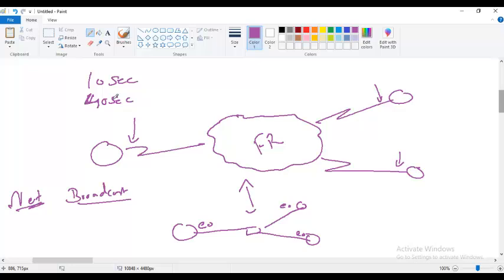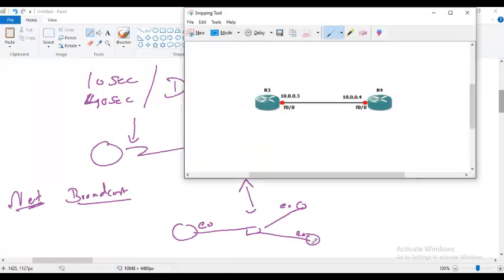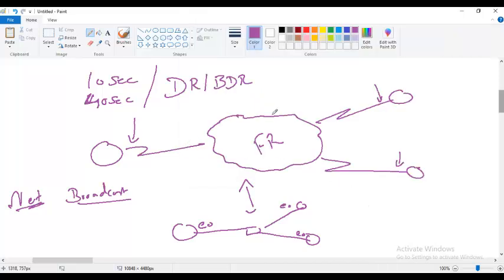Whatever you used to see in a normal broadcast environment, you will see here also. You will have DR-BDR election. You will have timers like this. All should be in the same subnet. So if you wish to have a frame relay experience here, you can go for the 3 modes which we learned. But if you want an Ethernet experience over the frame relay, you can go for this network type.